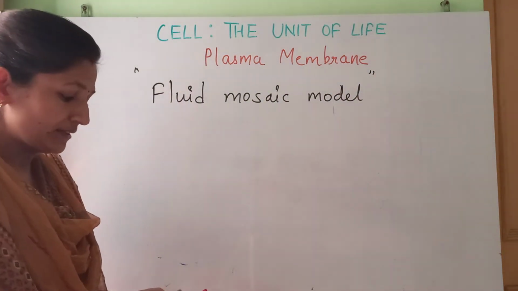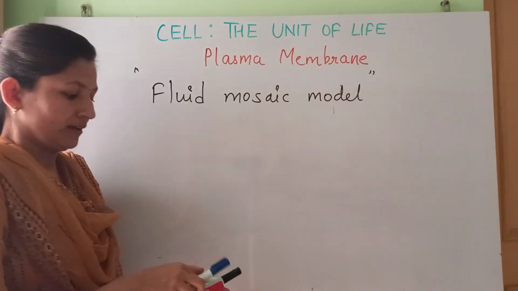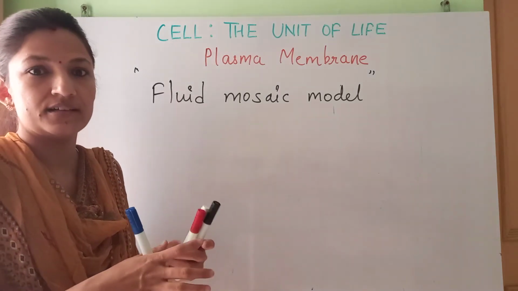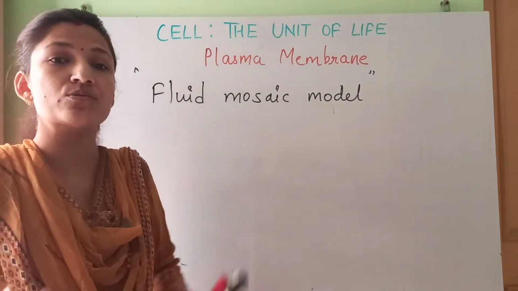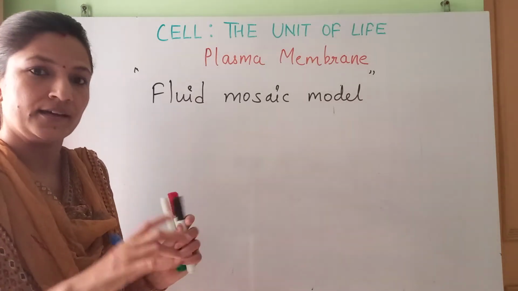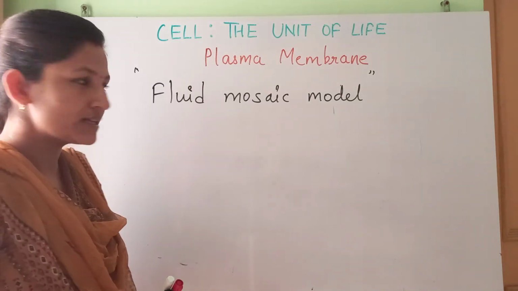Fluid mosaic model is what? Mosaic means when some small things have been collected together and used to construct some big thing. ठीक है, छोटी छोटी चीजों को इकट्ठा करके एक साथ लाकर कुछ कंस्ट्रक्ट करना, दैट इज मोज़ैक. ठीक है.